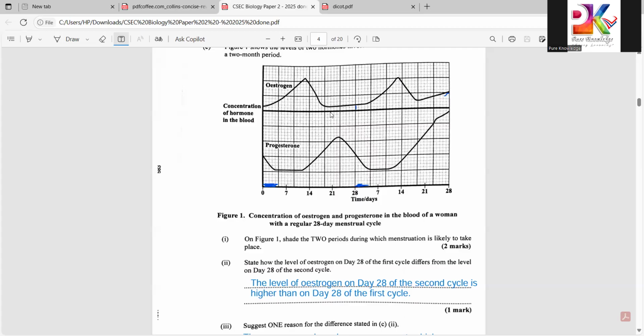Because remember that the blood is what supplies the baby with nutrients, right? And oxygen. So in order for the baby to get those, the hormone needs to remain, right?